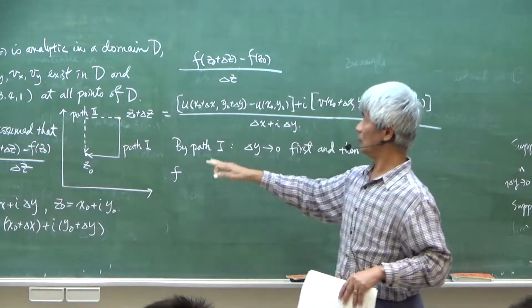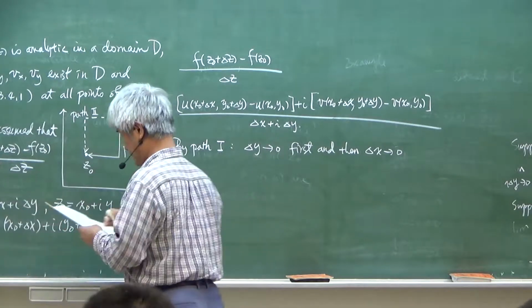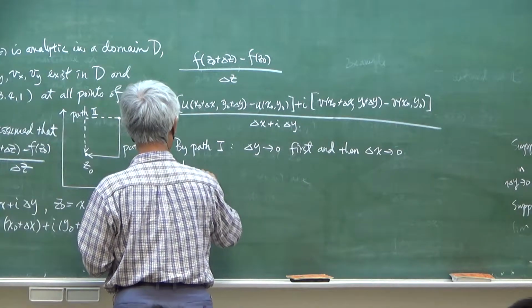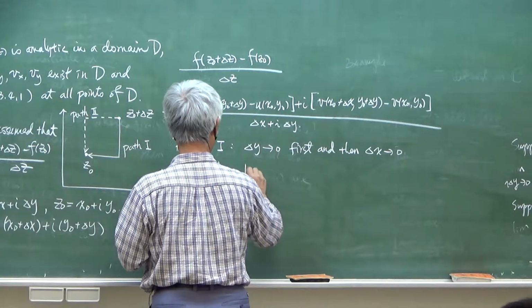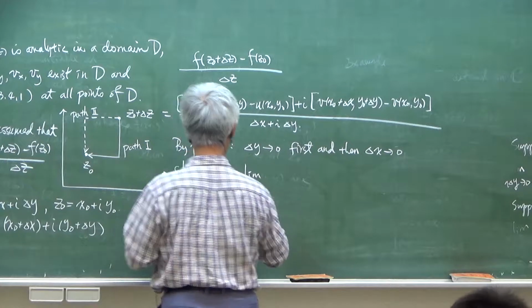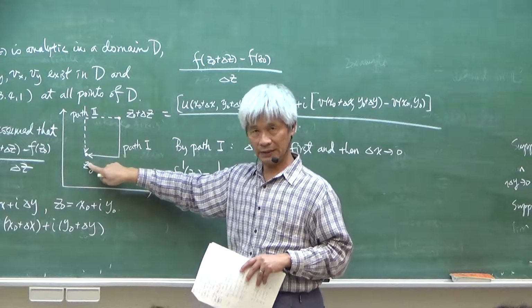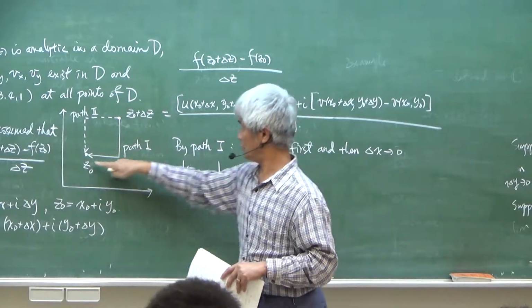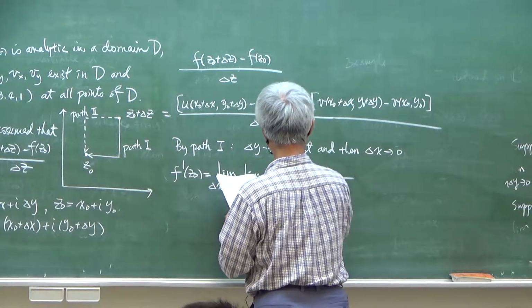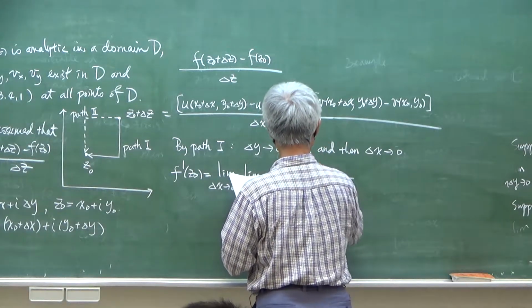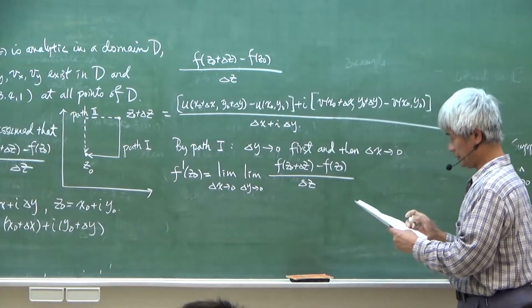In this case, we will end up with the same limit, since this is given. So we let delta y go to 0, follow this path here, and then delta x go to 0, and then compare. This is what we will do.